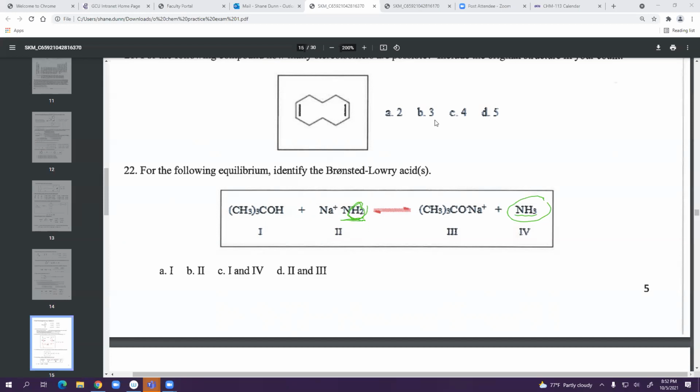No, I'm talking about protons. Protons are H's. How many H's does it have? How about that? How many H's does it have? Right? Okay. So does it get an H? Does it get an H? Yes or no? Yes. It gets an H, right? That makes this guy the acid. Correct?